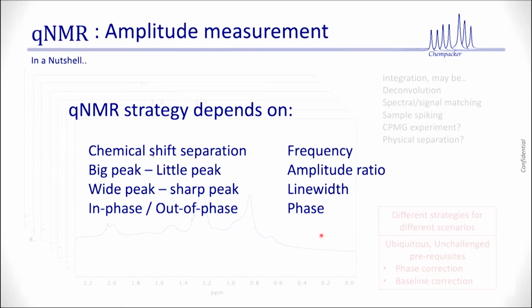So in other words, the strategy to generate amplitude information depends on frequency, amplitude, line width, and phase. Measurement of one property of the NMR depends upon how the other four properties are in your spectrum. That is a fundamental philosophical issue.